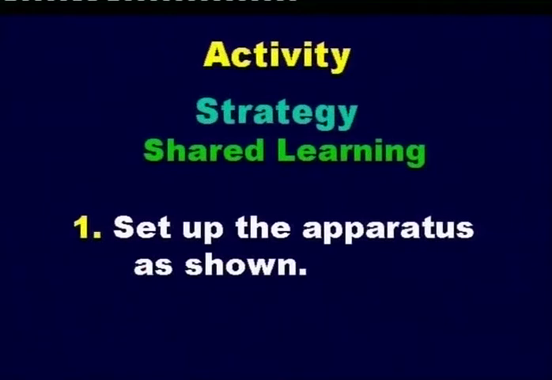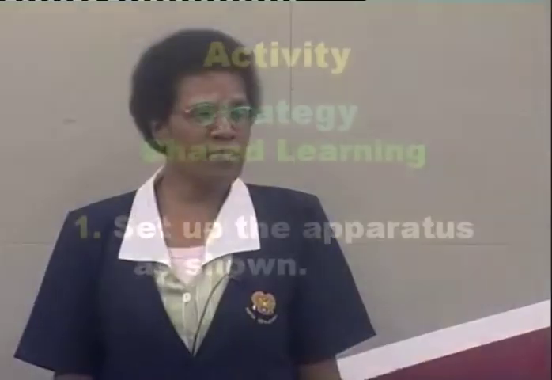Now, the strategy that we will be using for our activity is shared learning. In this strategy, students will be working in their groups to do the experiment, and after they have done the experiment, they will come together to make a big group, and they will share what they have found out, or their findings, and they can discuss.